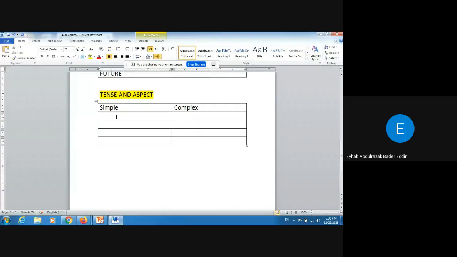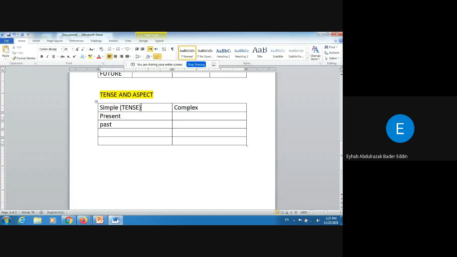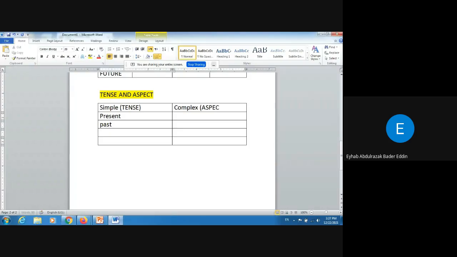Okay? So simple, we have present and we have past. Here we're talking about tense, right? The complex has to do with aspect. Why?